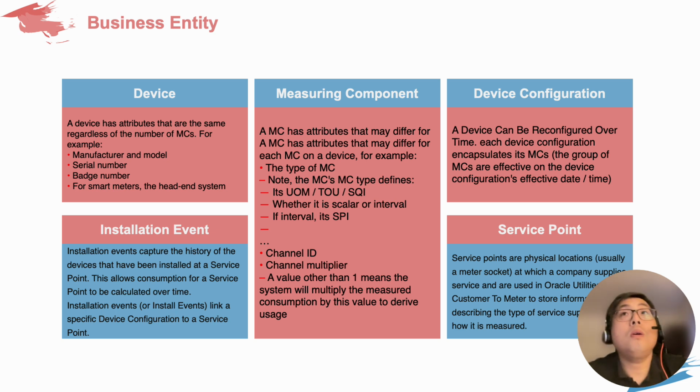Right, so let's go one level down, device configuration. A device can be reconfigured over time. Each device configuration encapsulates measuring components, a group of MCs effective on the device configuration effective dates. Like the example we were talking about, we have this peak and off-peak two-rate. In that case, you have one device configuration with two measuring components. One is peak, one is off-peak.